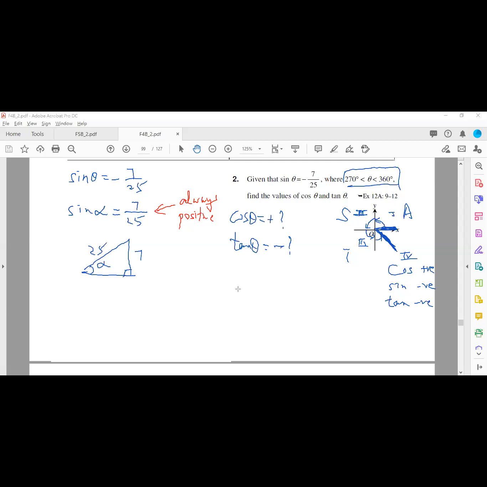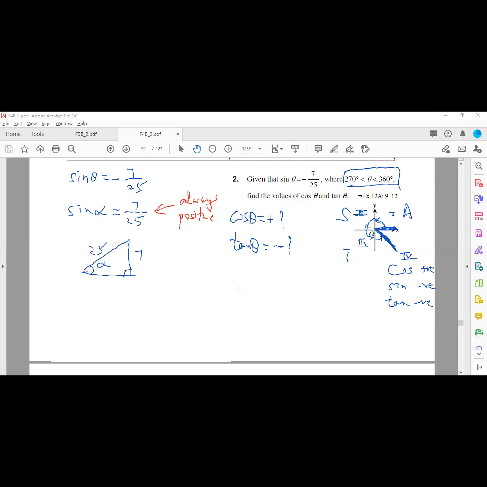So this is how we can put sine alpha to be a fraction, because the opposite side is 7, the hypotenuse is 25, and that's why sine alpha will be 7/25.